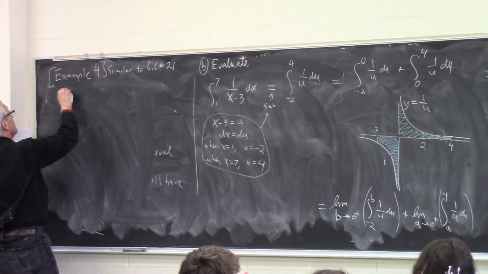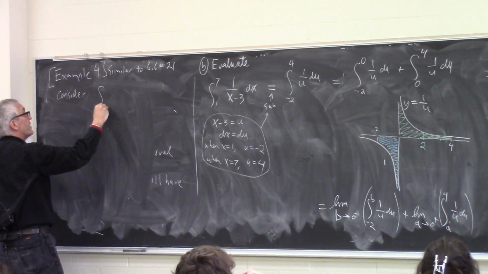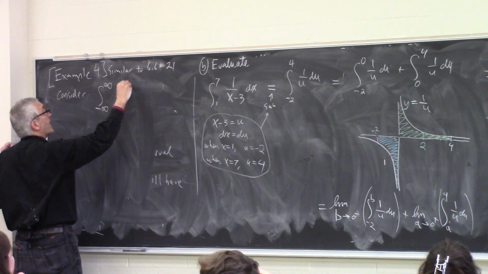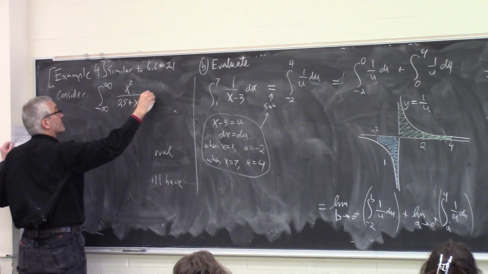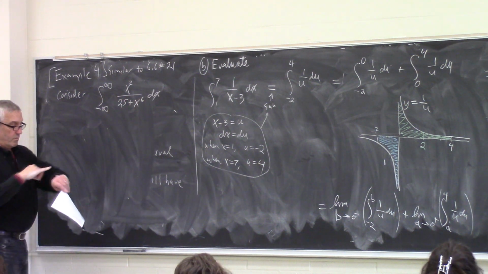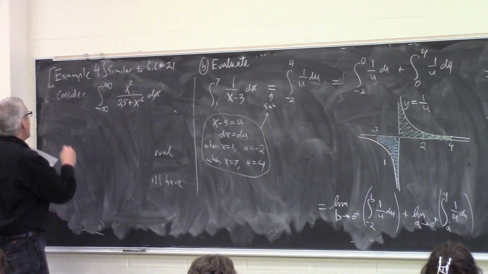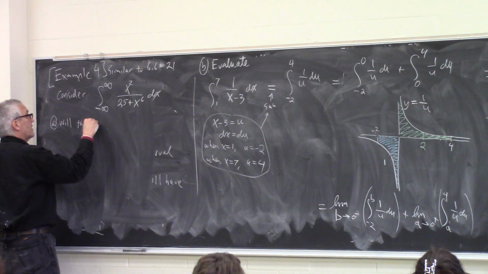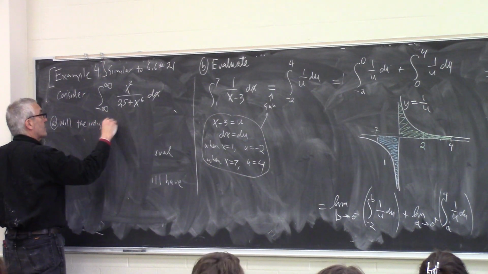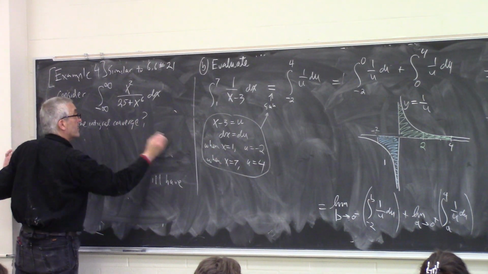So consider the integral from minus infinity to infinity of x squared over 25 plus x to the 6th. We have 17 minutes to do this. So A, will this integral converge? Why?